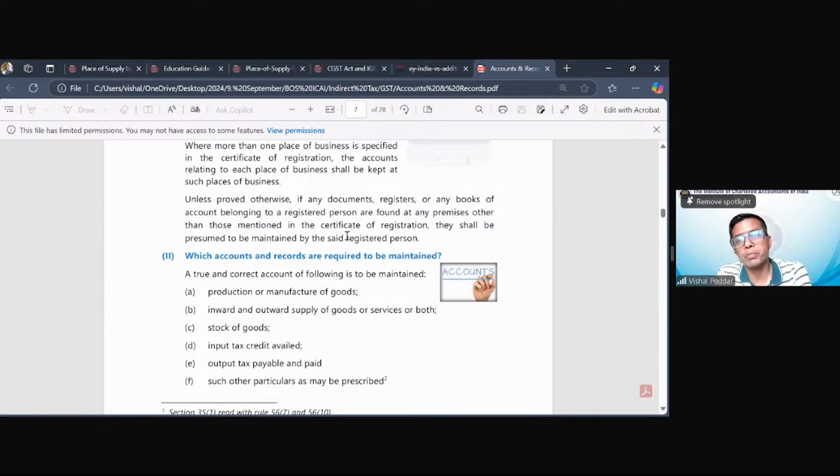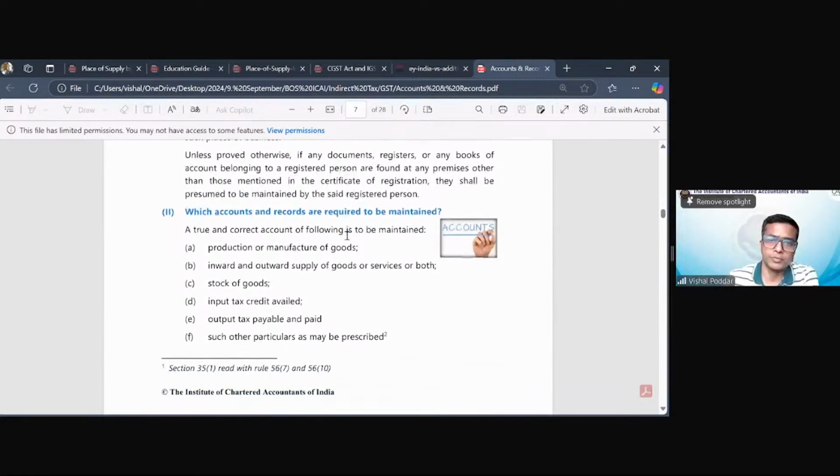The ideology is simple. If you are keeping your records at some other place which is not shown to the government, there is a very good possibility that those records will cover transactions which are unreported and undisclosed. That is why this presumption has been put in, which says that where books are found at any other premises, we presume that they belong to you and deal with your transactions.